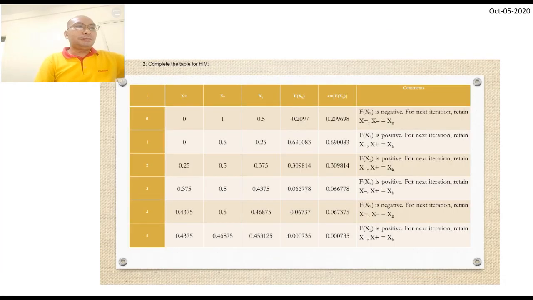The second step brings us to complete the table for HIM. So we have here the first column, which will be the iteration i. This one is x plus, this one is x minus, this one is x sub h.